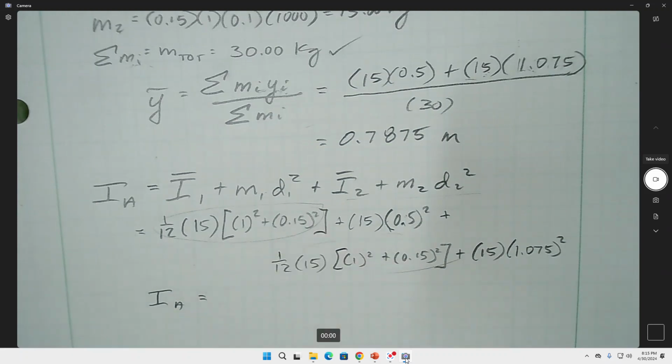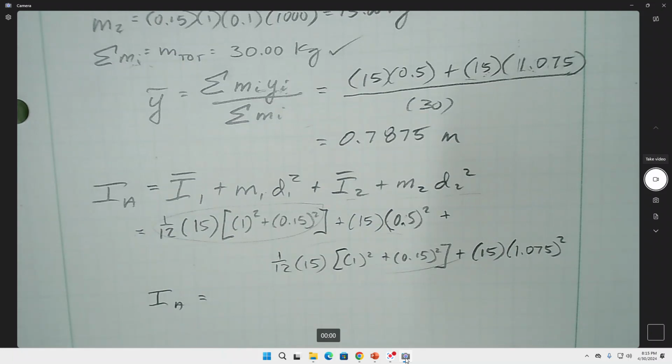So I go 0.15 squared plus 1, and then 15 times 1/12 divided by 2, right? So I have that and that added into it. So now I'm going to go 0.5 squared, which should be 0.25, times 15, and then add that in there.